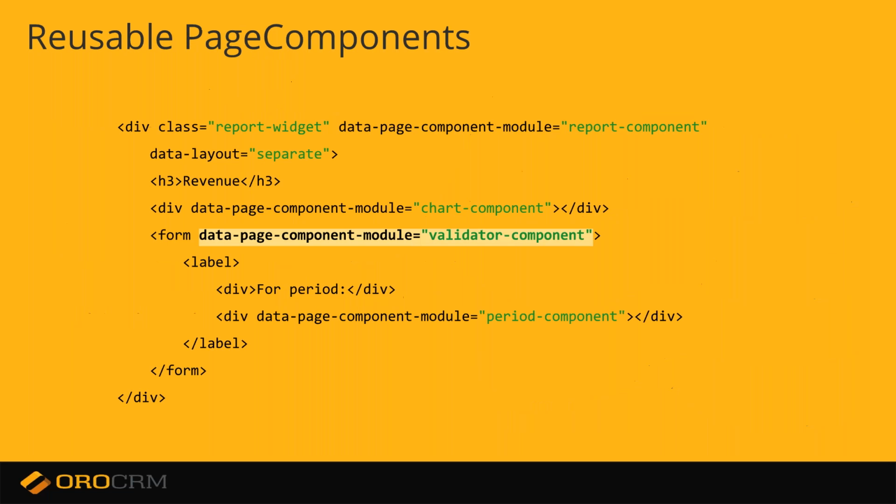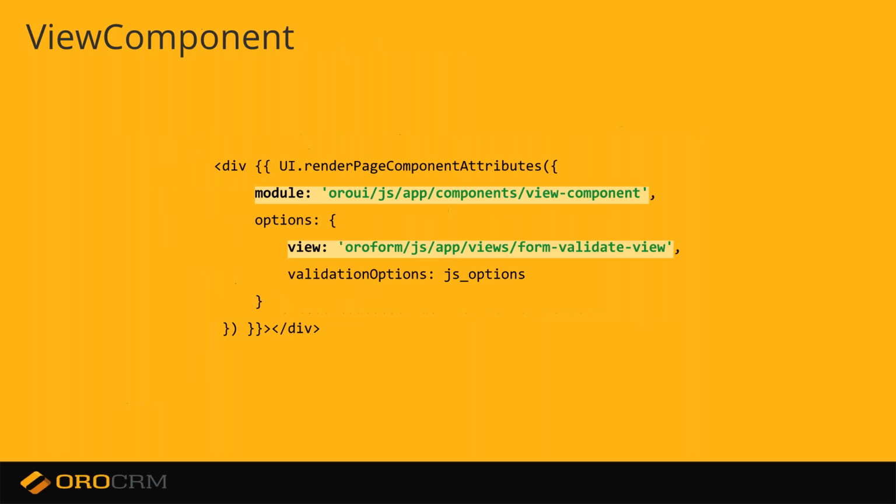Okay. And one more thing. Often there is a need to just bind a view to an HTML element. Other actions are not required. For example, a validation component does not do anything but create a form validation view for the form element.